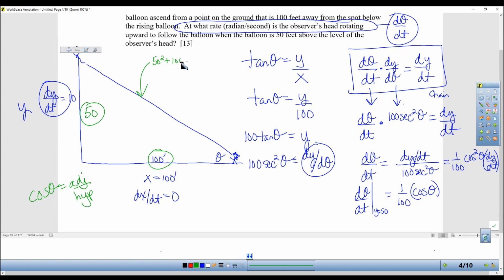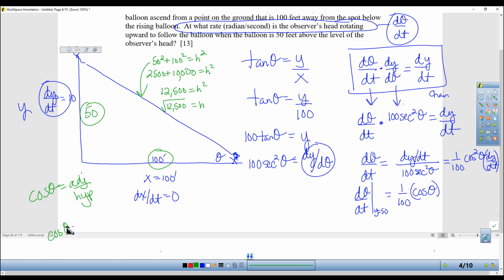50 squared plus 100 squared will give you your hypotenuse squared. So 2,500 plus 10,000. So 12,500 is equal to h squared. H is equal to the square root of 12,500. Again, you don't want to round that yet.